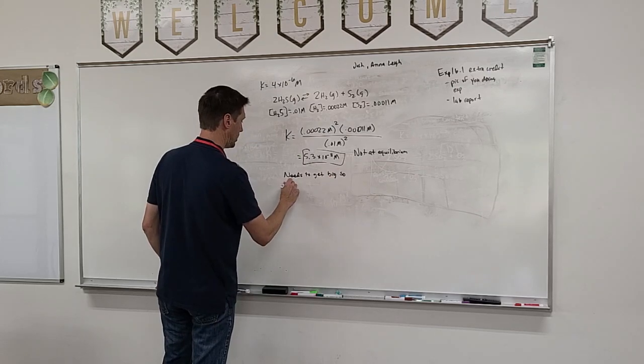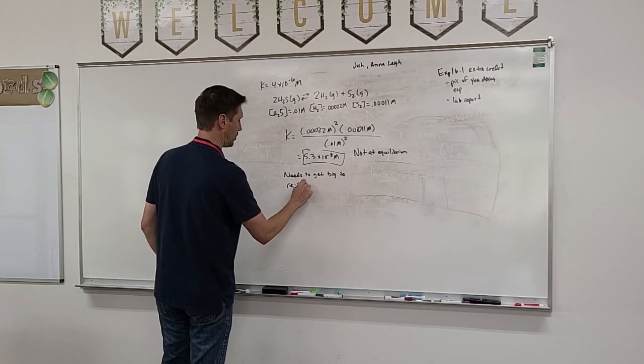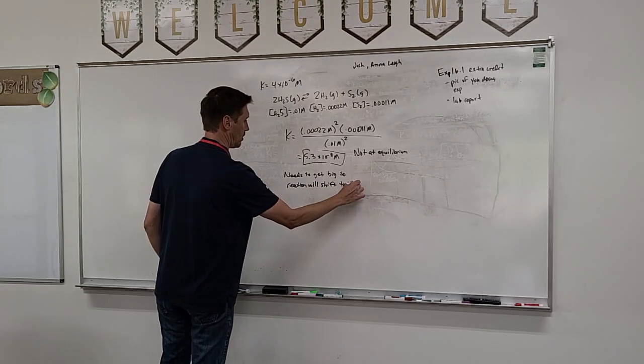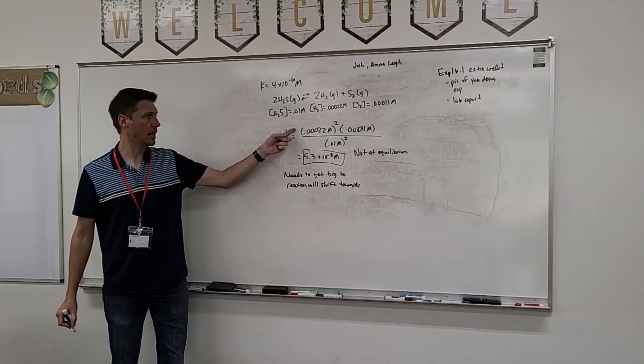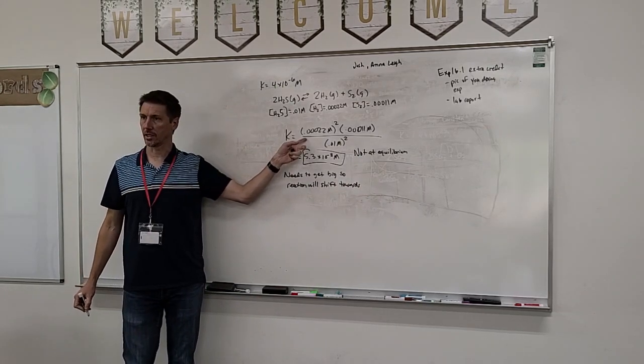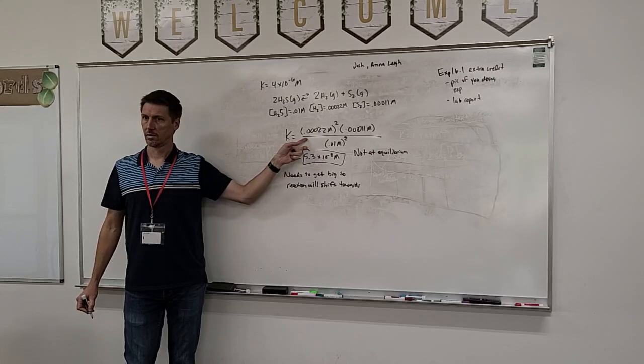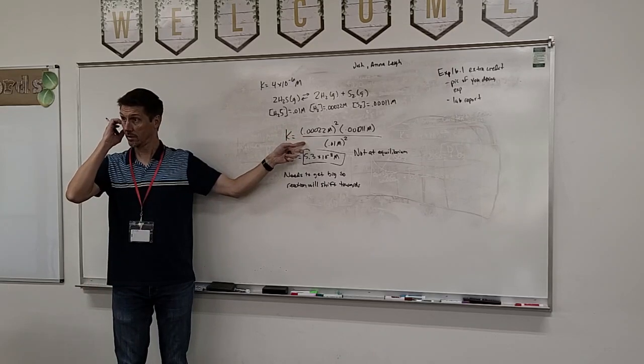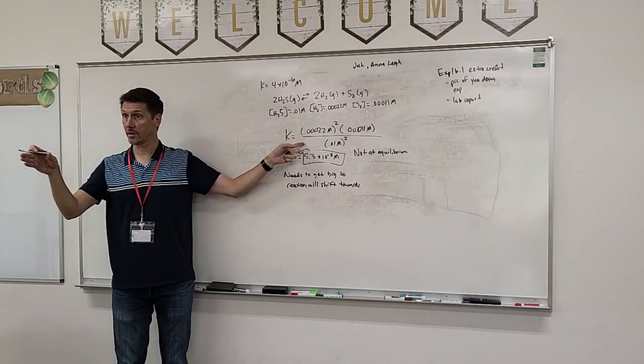So the reaction will shift towards, if it needs to get bigger, do we need the top or the bottom of our fraction to get larger? If K needs to get bigger, does the numerator or the denominator need to get larger? The numerator, right? The top part.